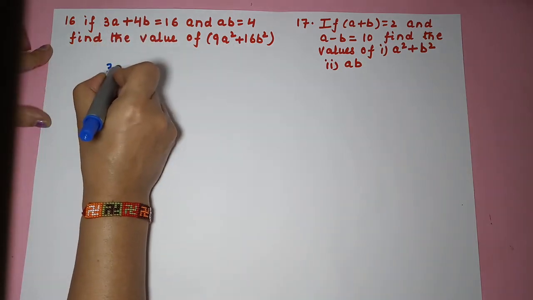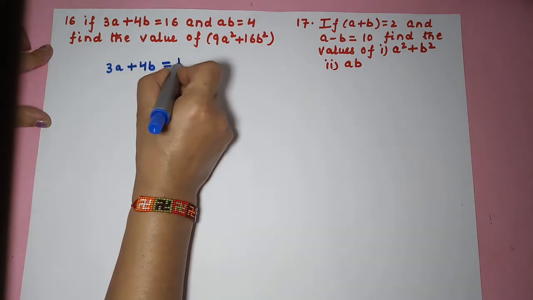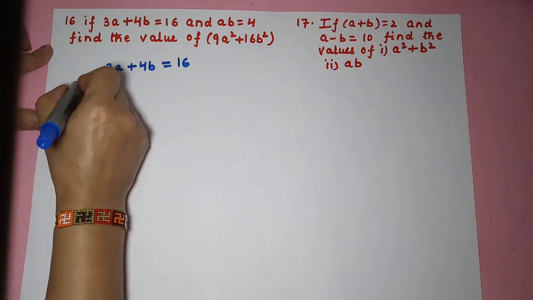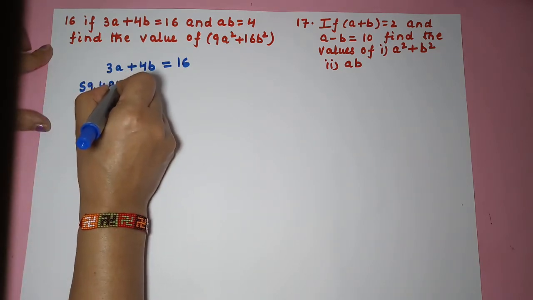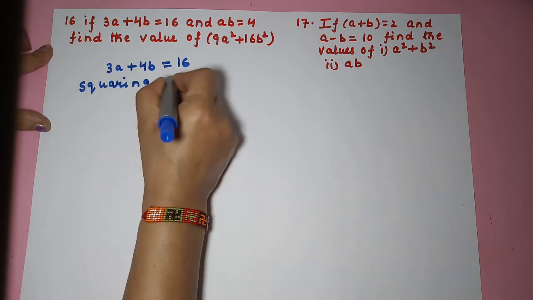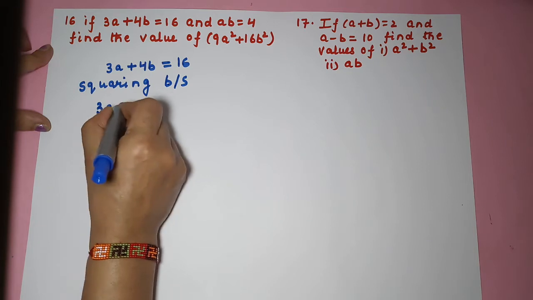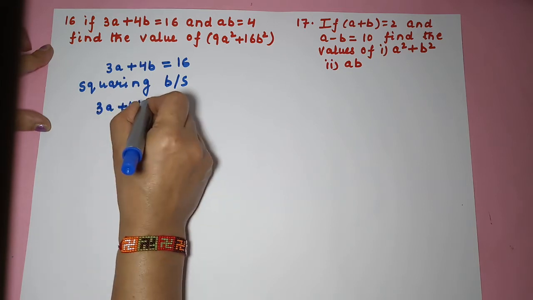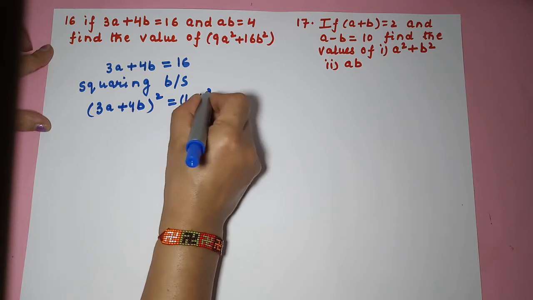I have 3a plus 4b equal to 16. So what I will do is, I will square both the sides. So squaring both sides will give me 3a plus 4b whole square is equal to 16 whole square.